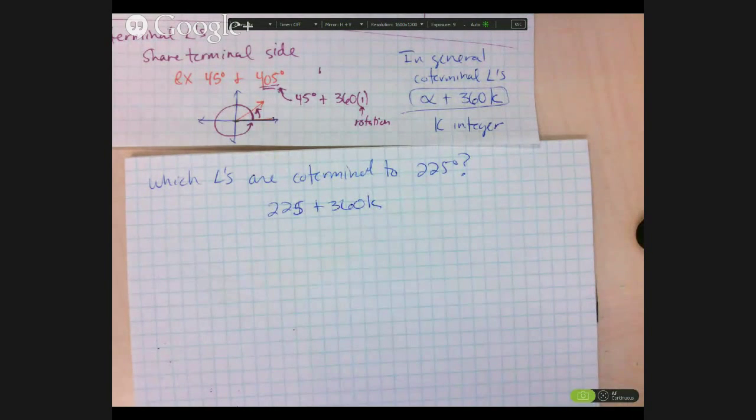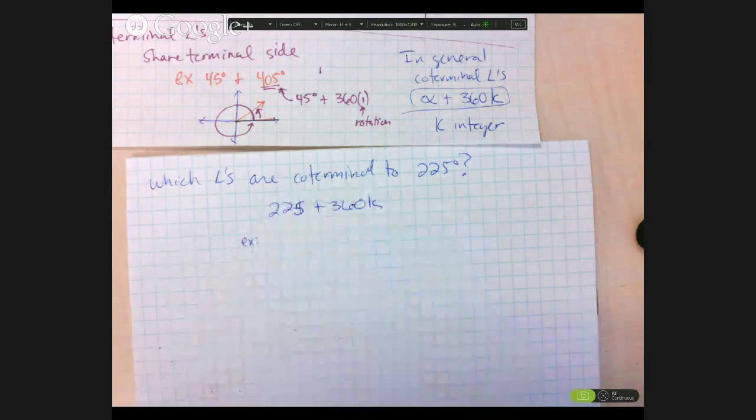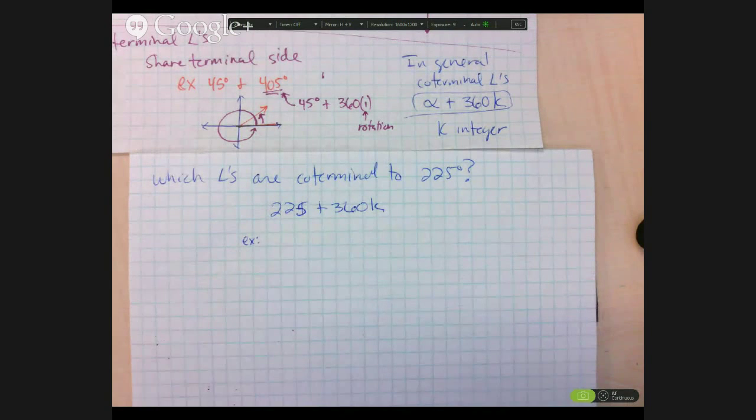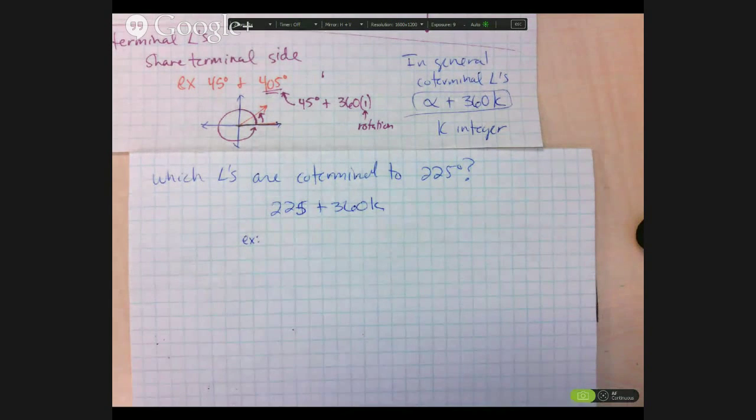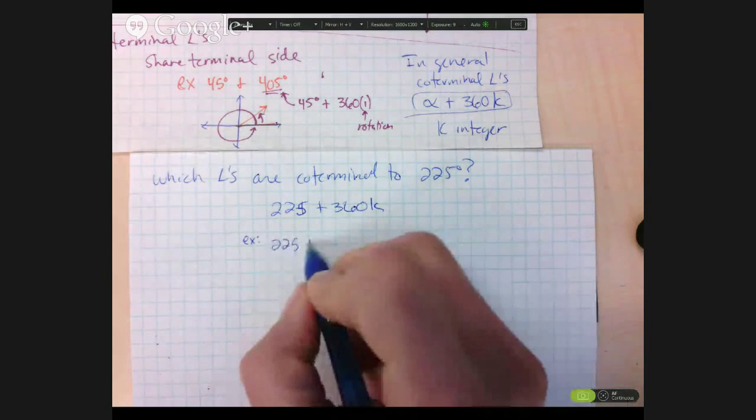Can you give me an example of one? One degree is not coterminal. Pick a k value. Okay, 2. Oh, that's good.